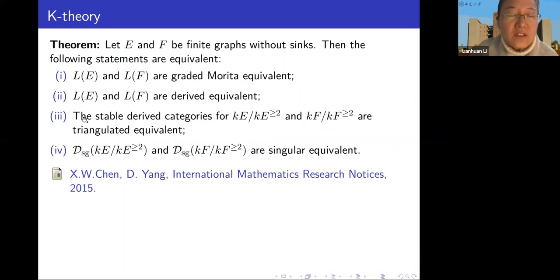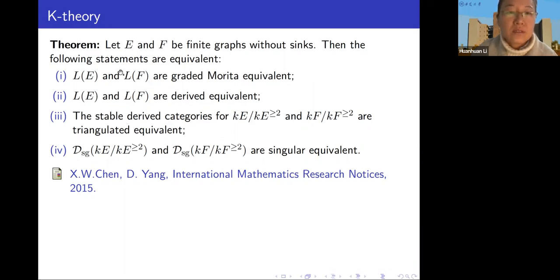The third statement is that the stable derived categories for the radical square zero algebras over E and F are triangle equivalent. This is the stable derived category we mentioned before.